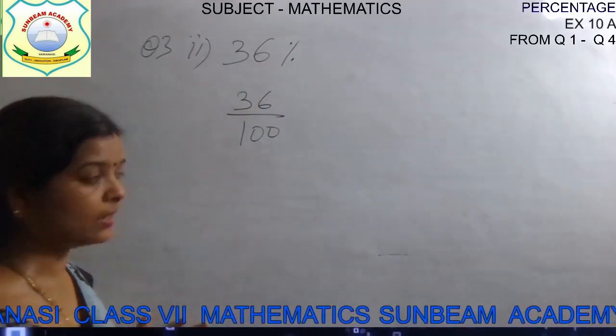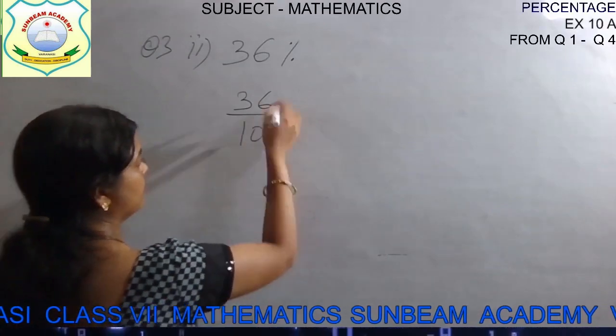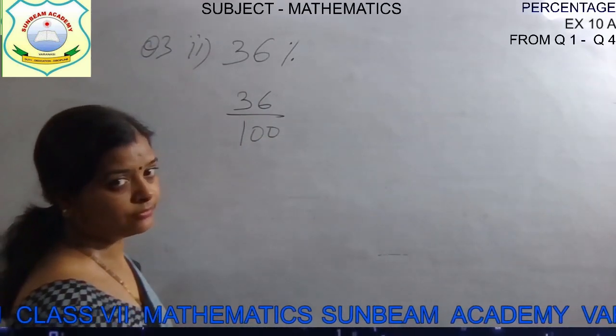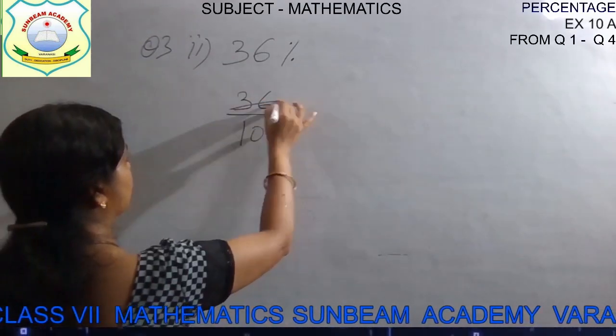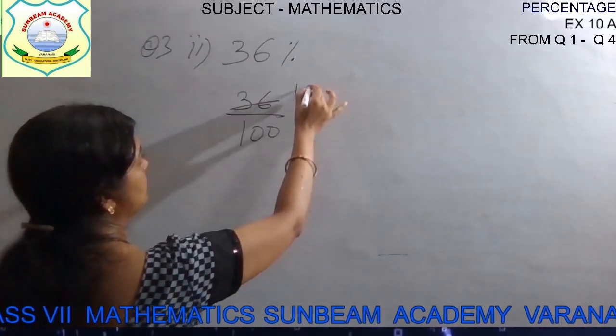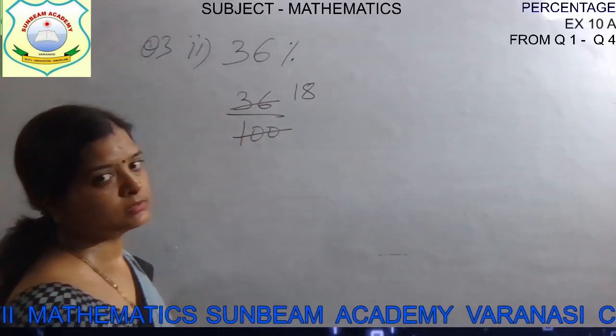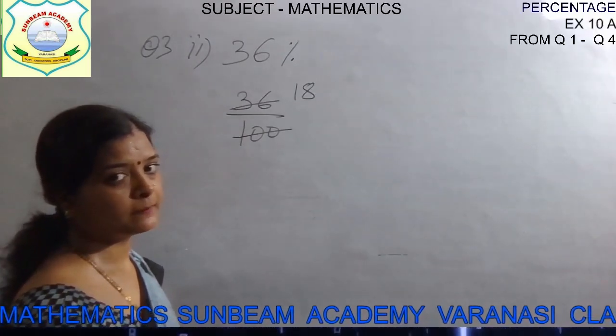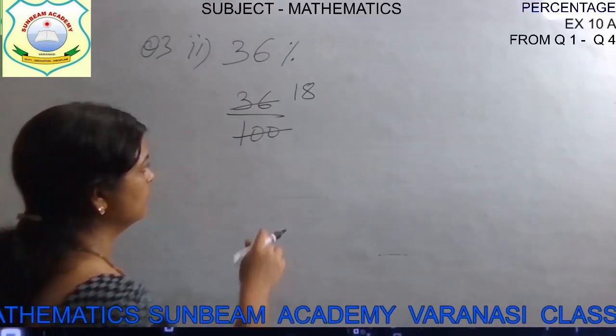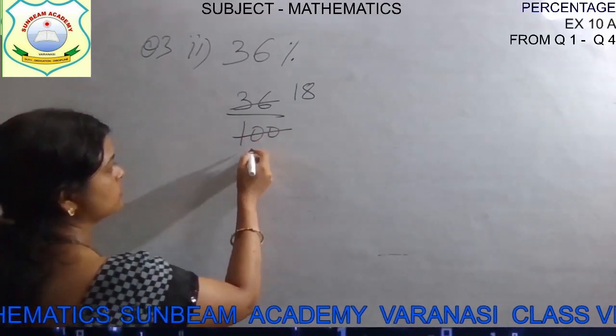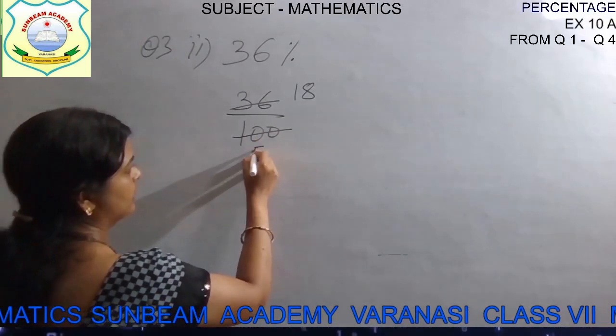And then simplify it. How will you simplify? Either take the HCF or simplify it one by one. 2 1s are 2 and 2 8s are 16. Then it will be directly cut by which number? 4, isn't it? But I am solving it step by step. 2 5s are 10 and 0.